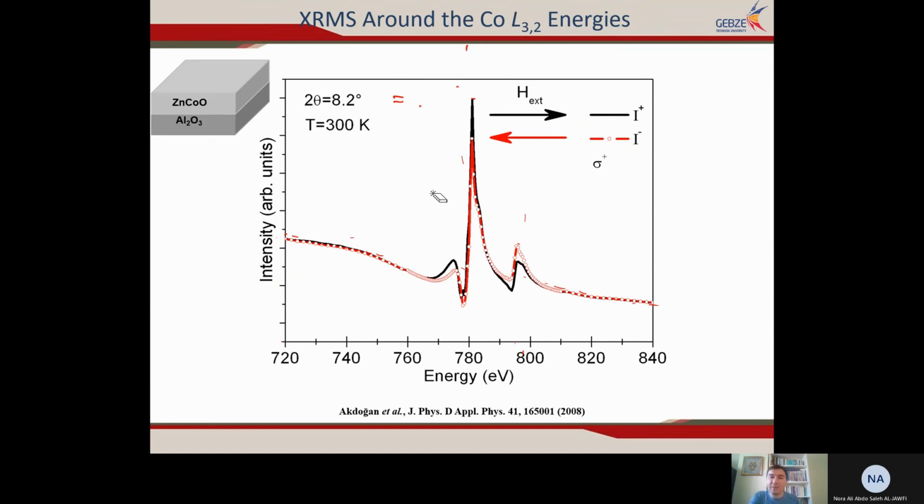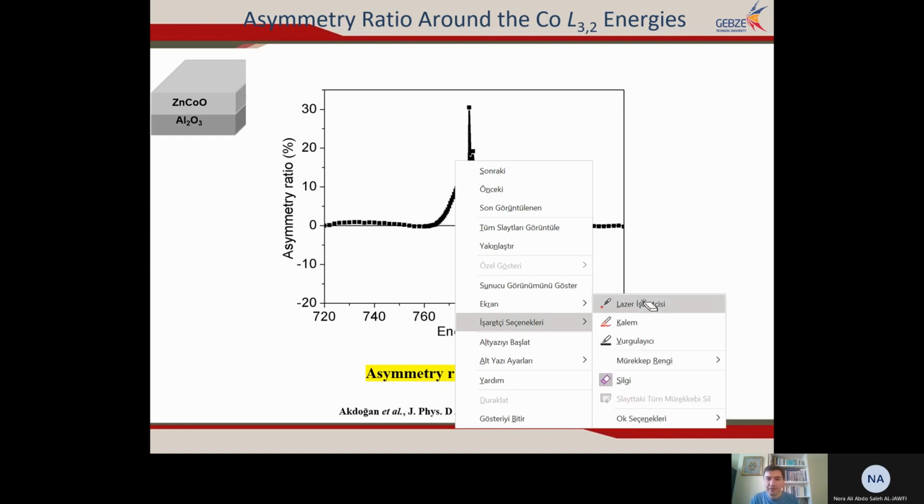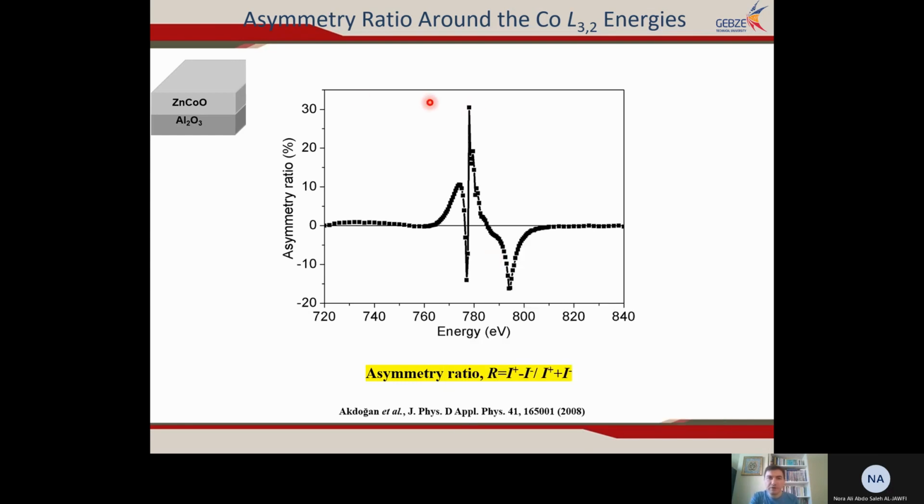Okay? If I plot these two curves as an asymmetry ratio, then here I have an asymmetry ratio. What do you see here? More or less 30% difference between these two curves. Okay? More or less 30% difference.